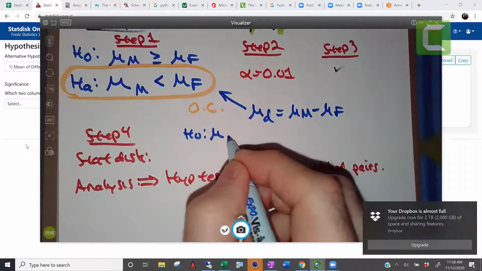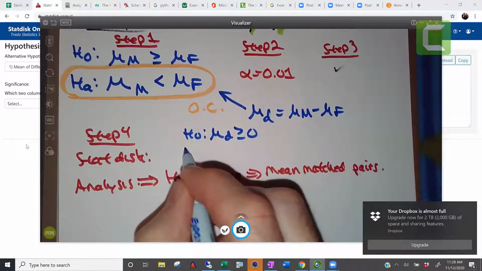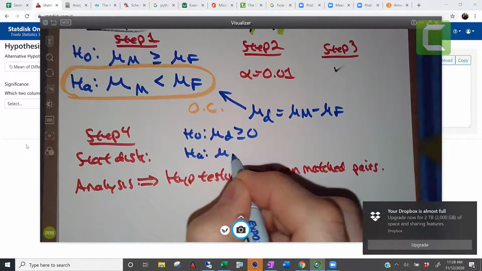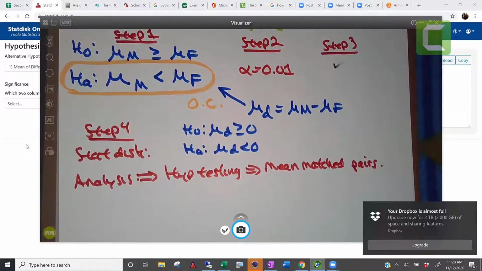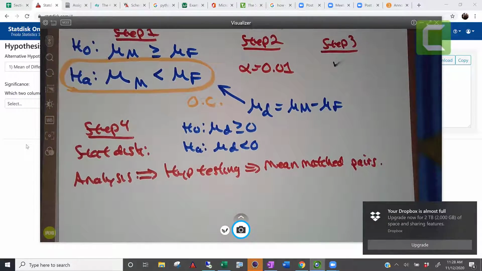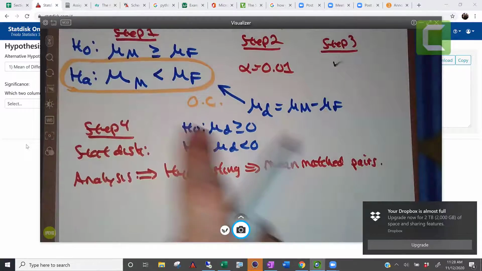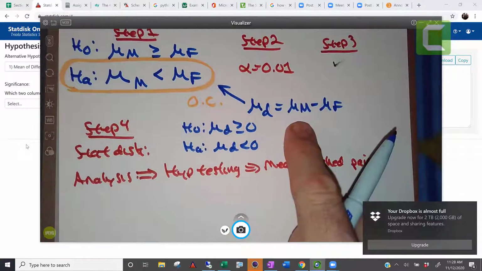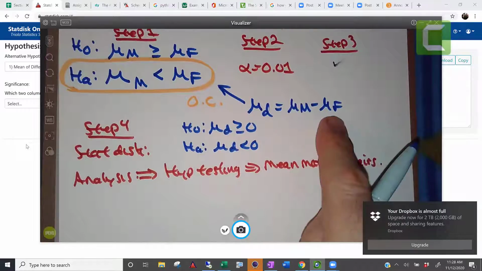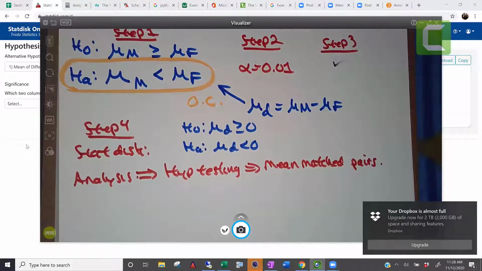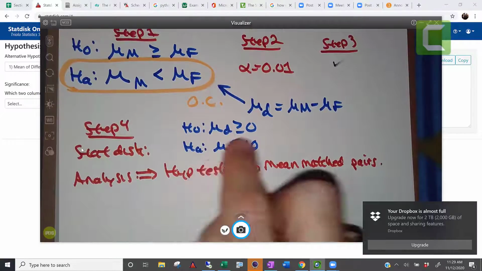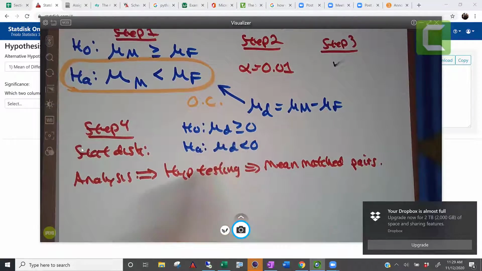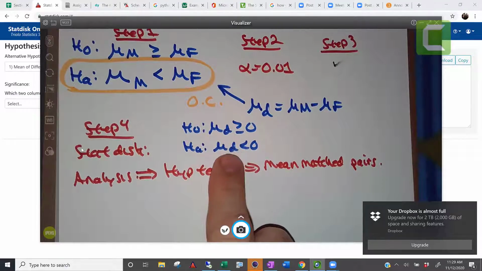Mu sub d is greater than or equal to 0, and the alternative is that mu sub d is less than 0. So it's an alternative way to think of our hypothesis. It's an equivalent way as long as you're keeping in mind that mu sub d is the difference between those two population means. With that, the alternative hypothesis is still our original claim.